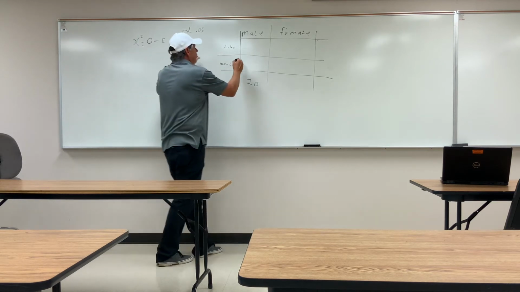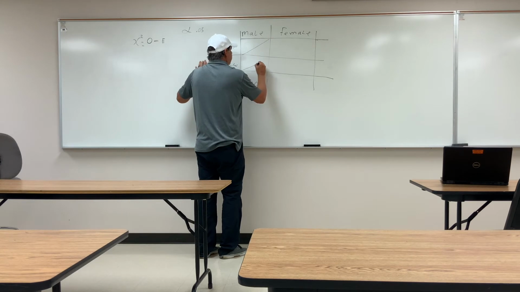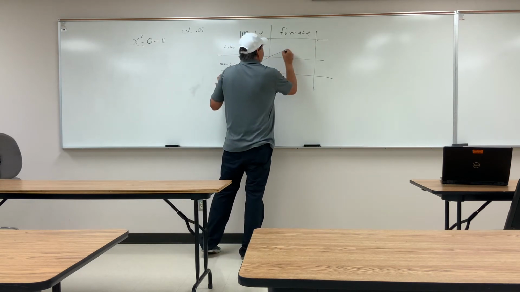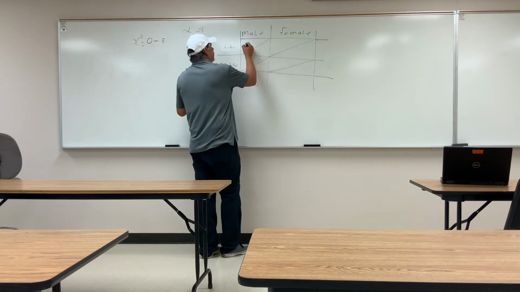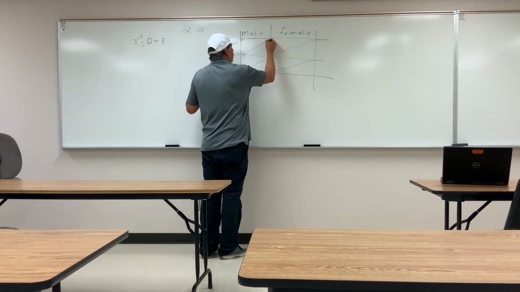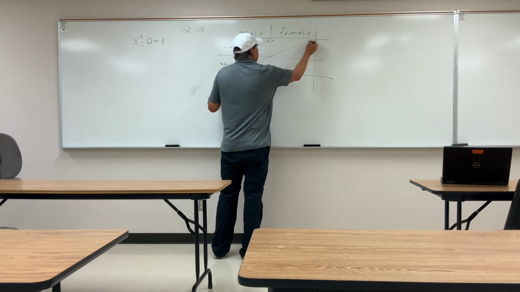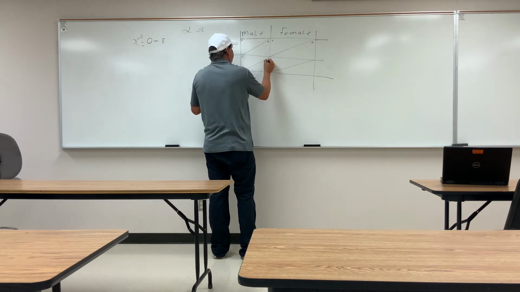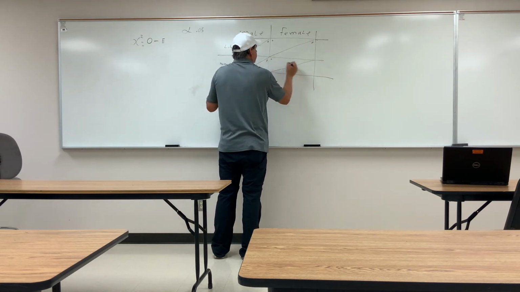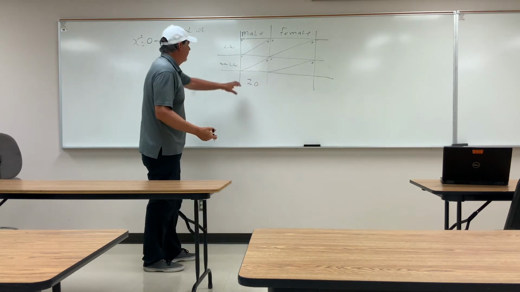So I'm going to divide, and you don't have to do this, but it just makes it a little easier for me to identify these areas as observed and expected. So this is my observed over here, and this is going to be my expected over here. So I'm going to label these things so I'll know what they are. Observed, expected. So when I do my calculations, it's easy.